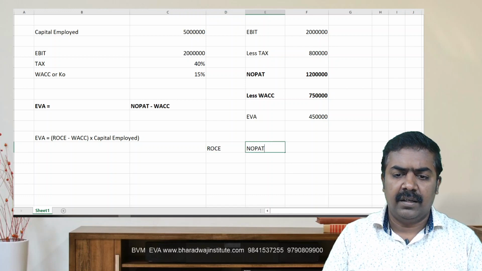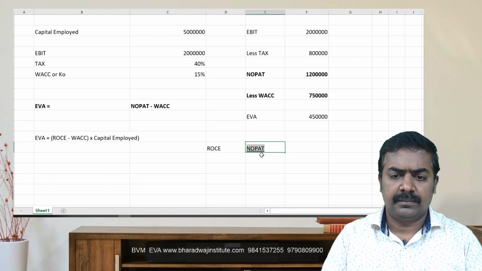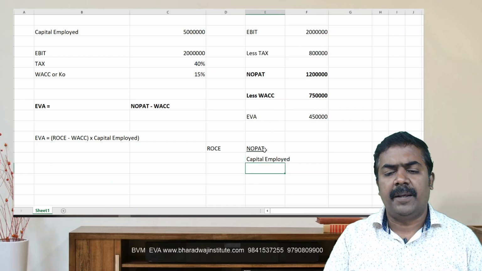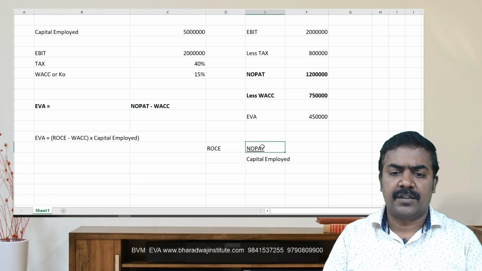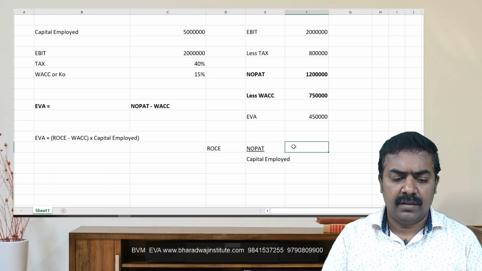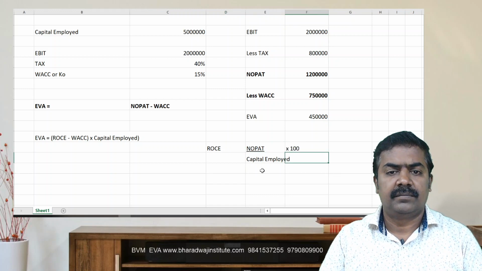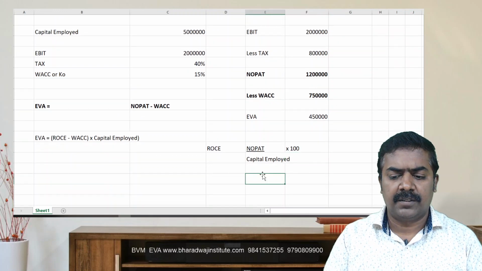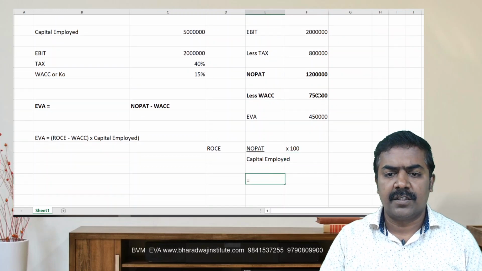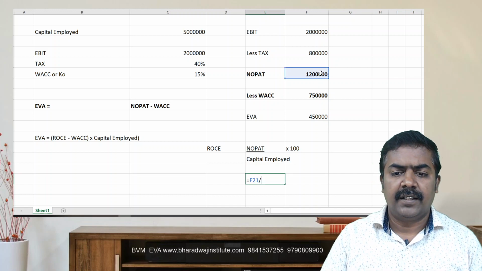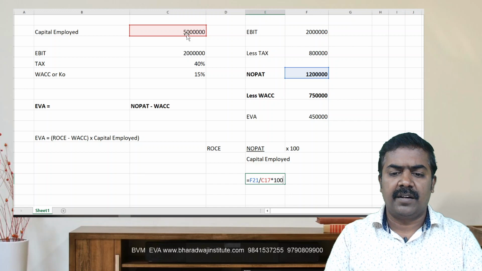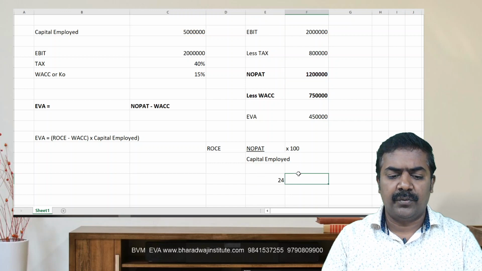NOPAT divided by capital employed, which has the same meaning, the total of long term funds, into 100. So, this is NOPAT. When you apply this, NOPAT is 12 lakhs divided by capital employed 50 lakhs into 100. We get 24%.